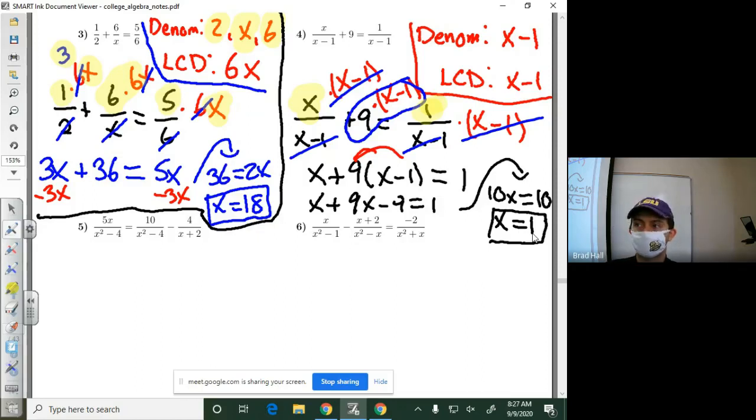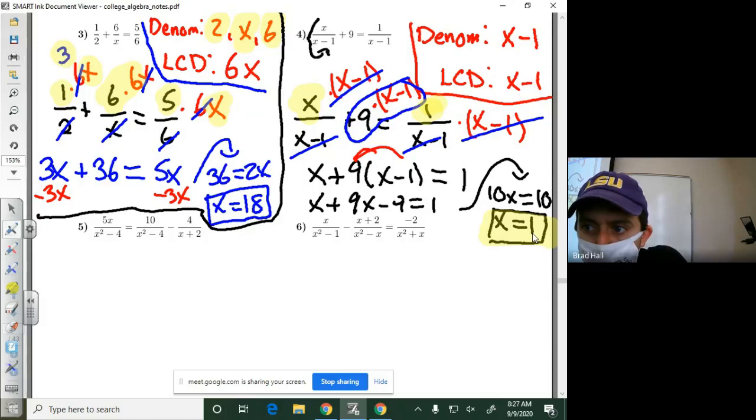When we're dealing with fractions with variables involved, there are domain problems. If you were to plug in 1 for x, notice what you're plugging that into, a fraction like this. You get a 0 in the denominator.